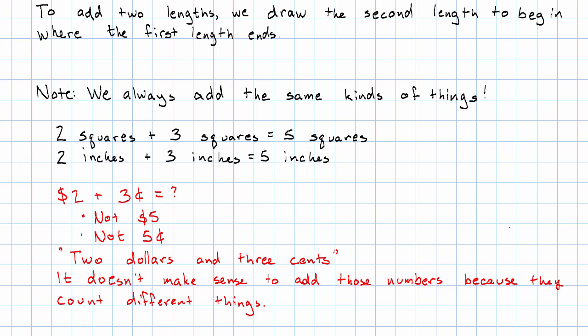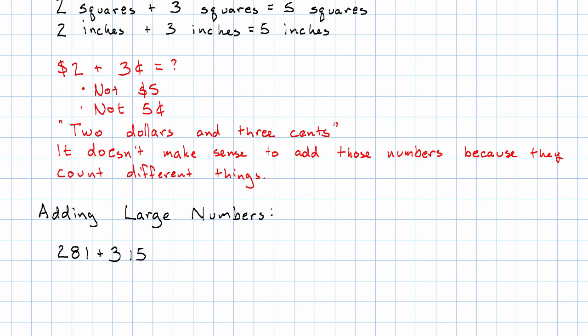Now, this idea that we can only add the same kinds of things also applies when we go to add large numbers. Let's say we wanted to add 281 plus 315. Well, my first number is 2 hundreds, 8 tens, and 1 unit. My second number is 3 hundreds, 1 ten, and 5 units.